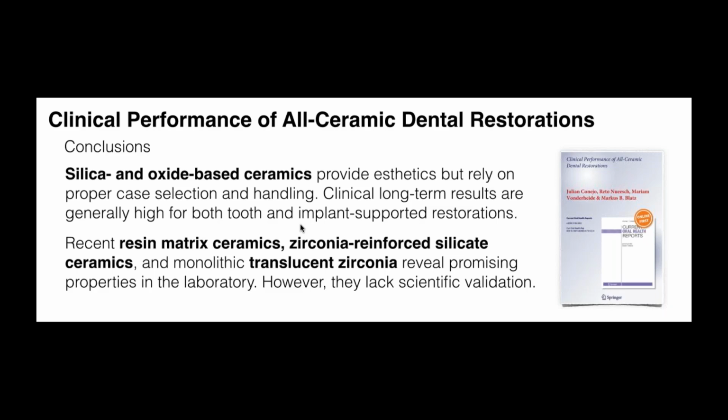So also, I hope that this quick summary, going from the resin matrix ceramics to the silicate ceramics, gives us a good foundation for our next webinar, where I would like to focus on zirconia nowadays with so much exciting options to use zirconia, whether it's partial coverage restorations or full mouth, all on X implant cases.